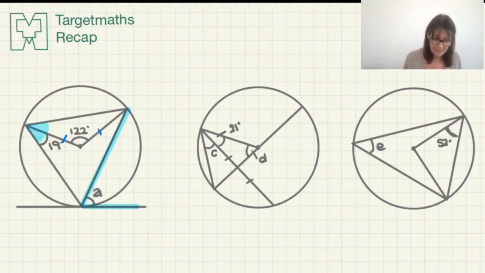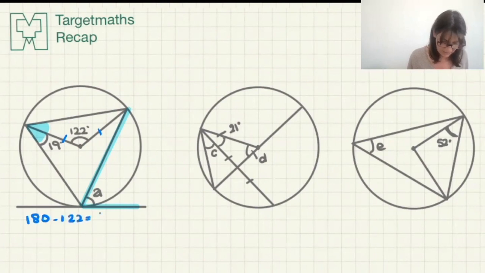Okay, but I go back to this isosceles. This isosceles triangle here is actually going to help me find the missing part of that angle. So we would be working out 180 minus 122, which would give me 58. I need to share that between both angles, which means that this angle is 29.